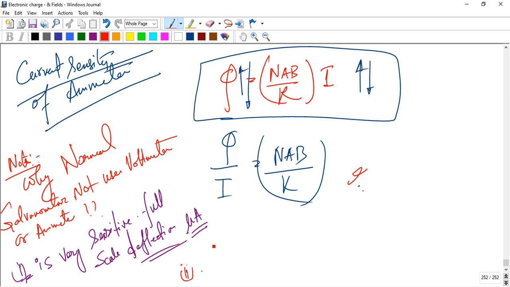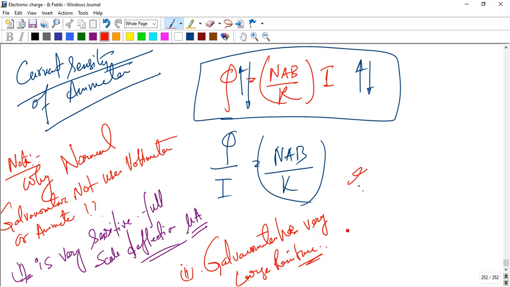The second point is that the galvanometer has a very large resistance, so it would change the main circuit current.